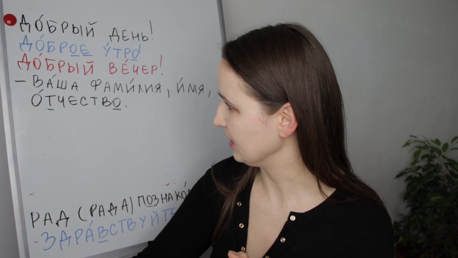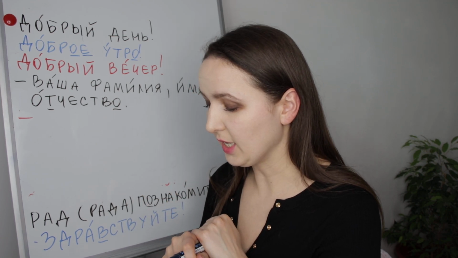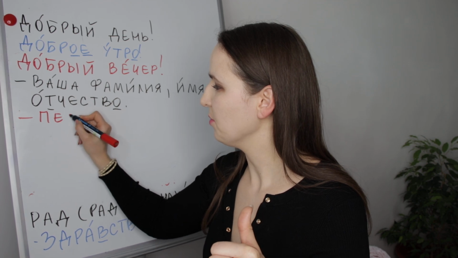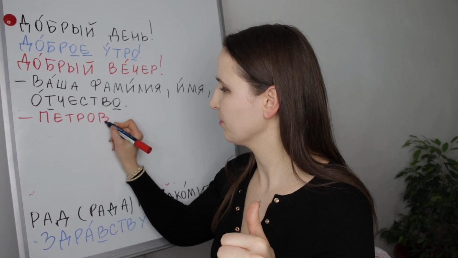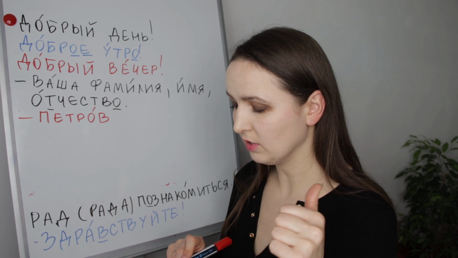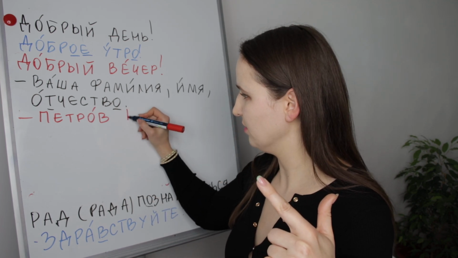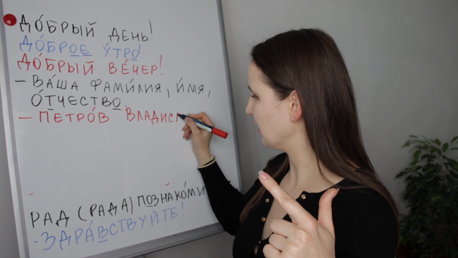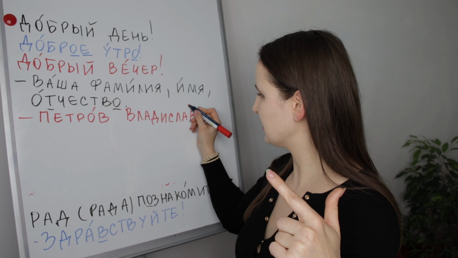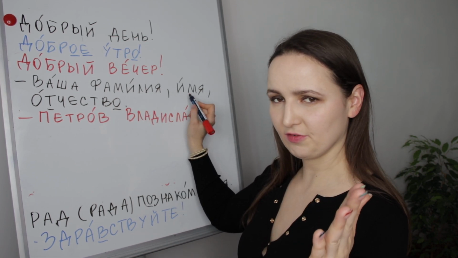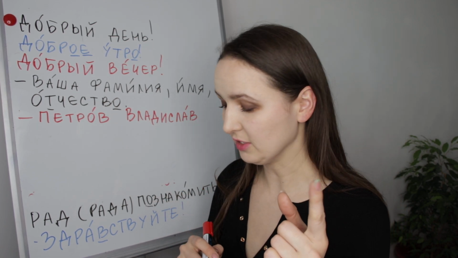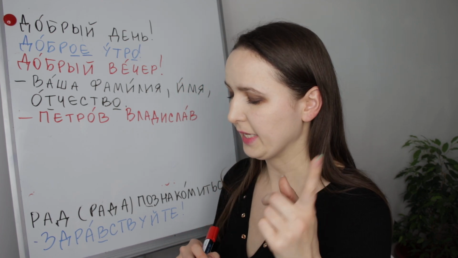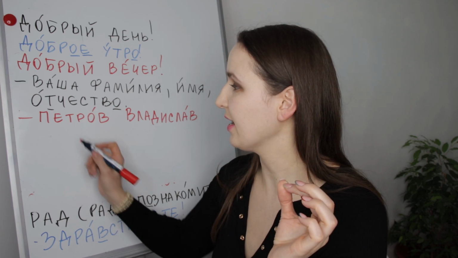And the answer is, и ответ, Петров, very common Russian last name. Владислав, имя, the first name, and the patronymic is Михайлович.